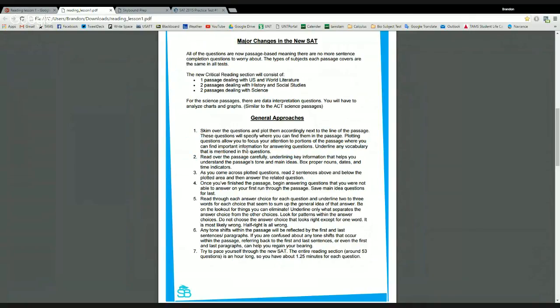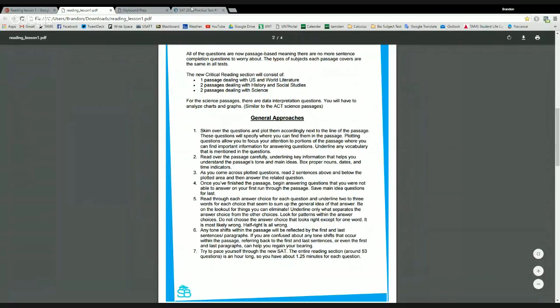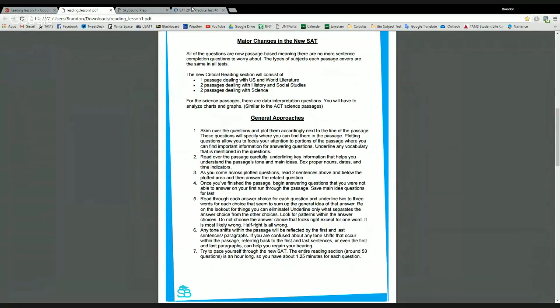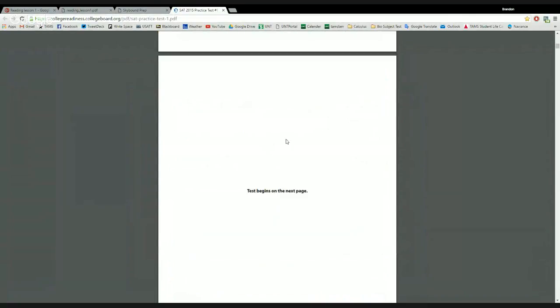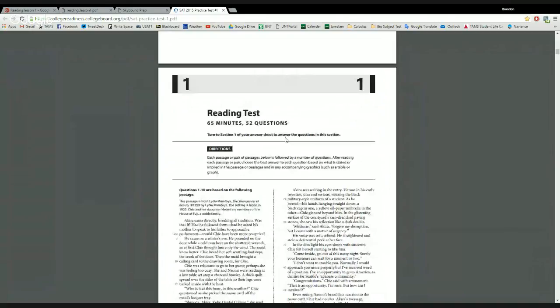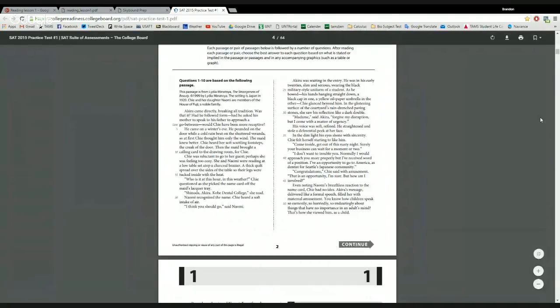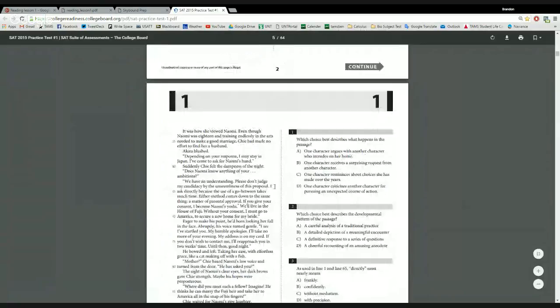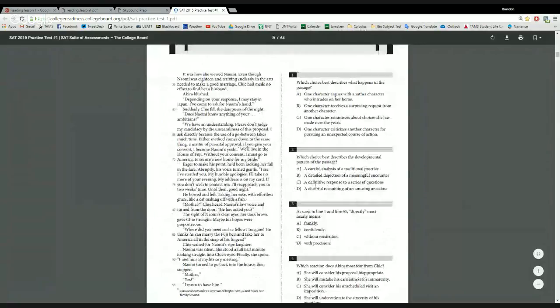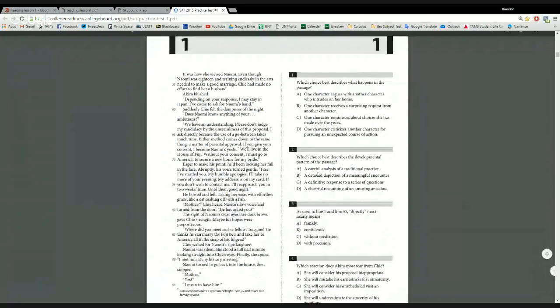So we're going to show you a little example or demonstration on how to do this with the College Board Practice Test 1. We're going to go to the first reading passage. As you can see here, before reading the passage, you want to skim through the answer choices and look for any line-based questions.